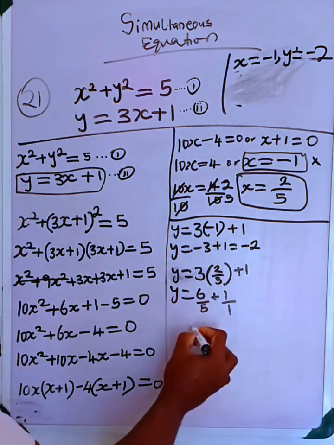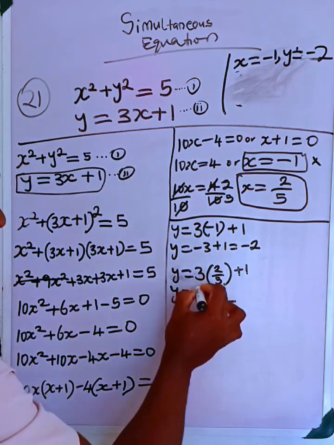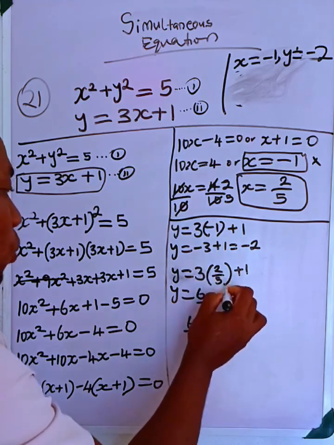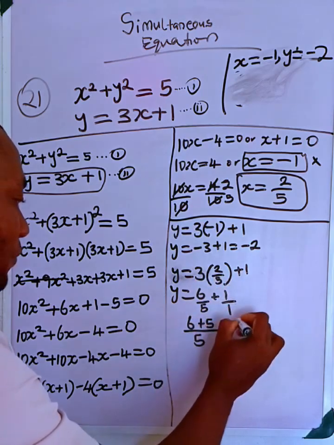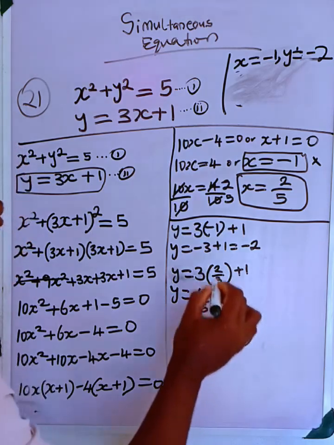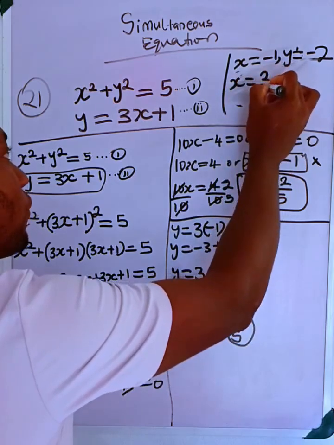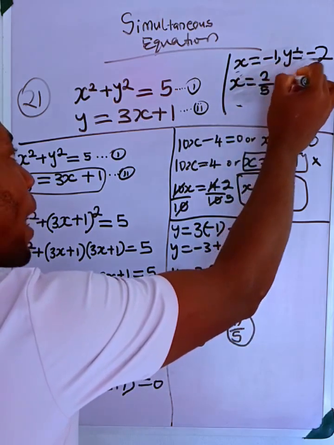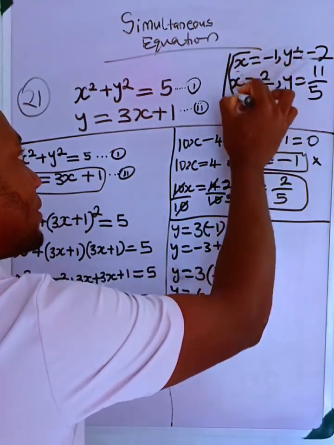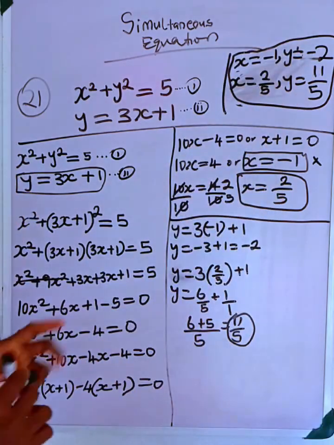To solve this, we find the LCM of 1 and 5, which is 5. 5 divided by 5 is 1, 1 times 6 is 6, plus 5 divided by 1 is 5, 1 times 5 is 5. So we now have 11 over 5. So when x equals 2 over 5, y equals 11 over 5. This is the solution.